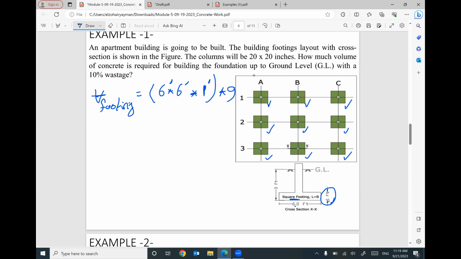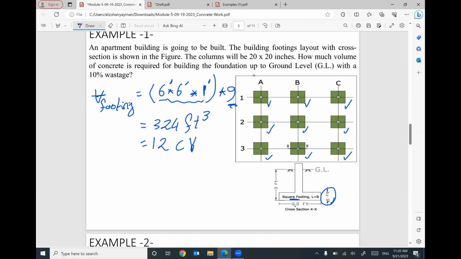So if you multiply these numbers together, this is the volume of 1 footing. This is the number of footing in the plan, in the building. 6 by 6 by 1 by 9 will equal 324 cubic feet. If you divide this number by 27, I got 12 cubic yard.